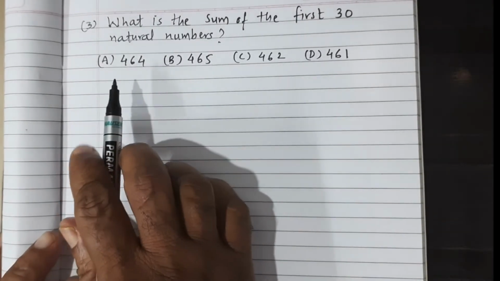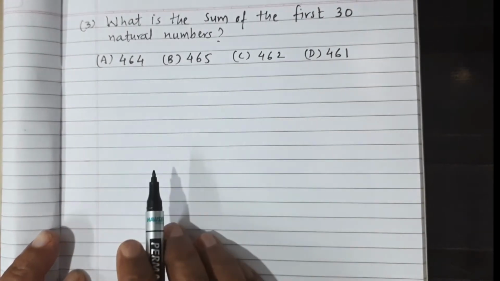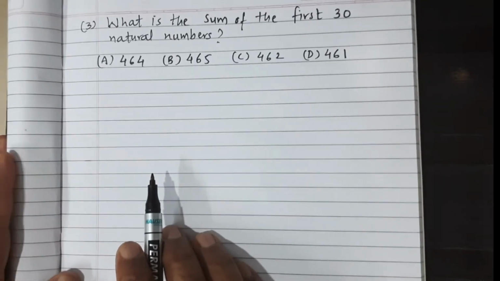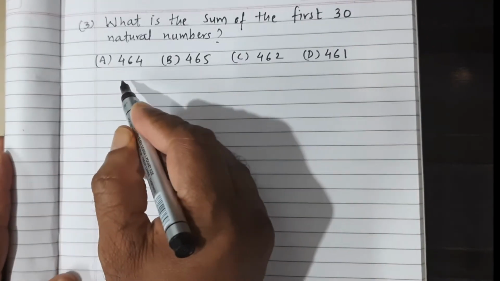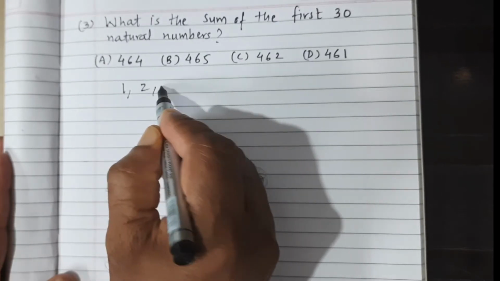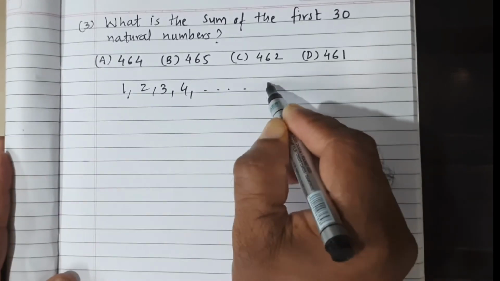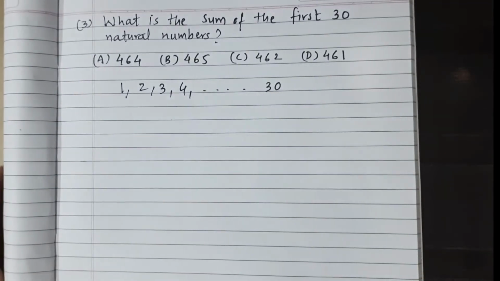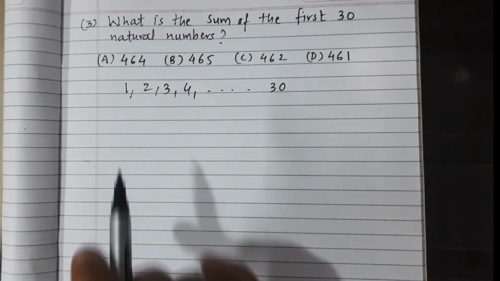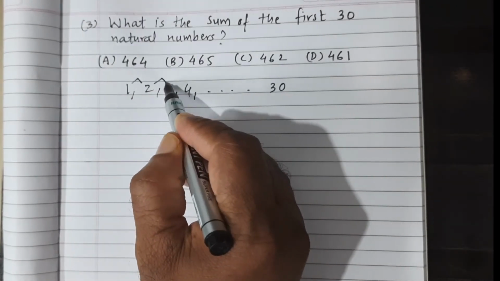Third example. What is the sum of first 30 natural numbers? The natural numbers are 1, 2, 3, 4 and so on, and the last number is 30. Now the difference between two consecutive terms here is constant.